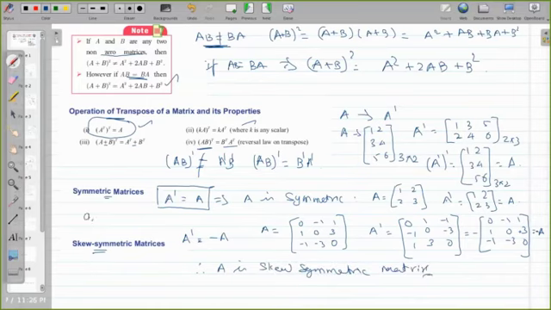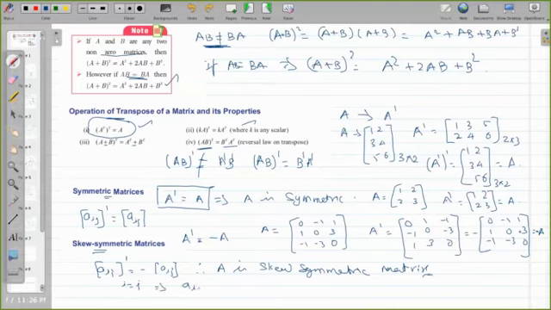A ij transpose is nothing but the same A ij itself. Okay, so here you know what is happening. A ij is nothing but negative of A ij itself. Okay, transpose. So from this, when i equals j, what will happen?